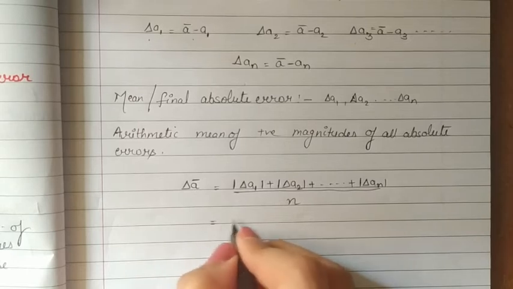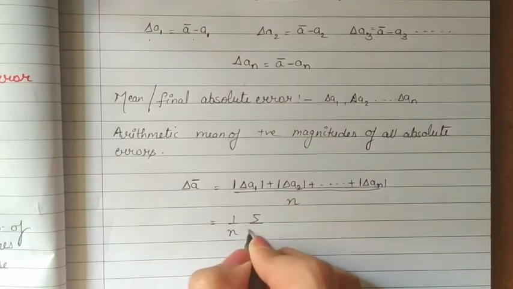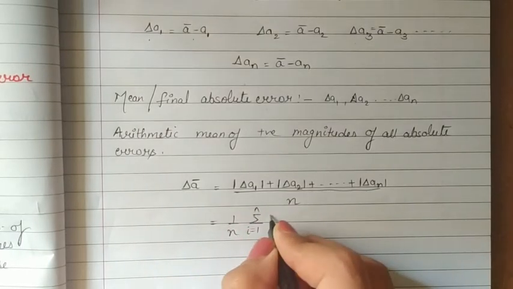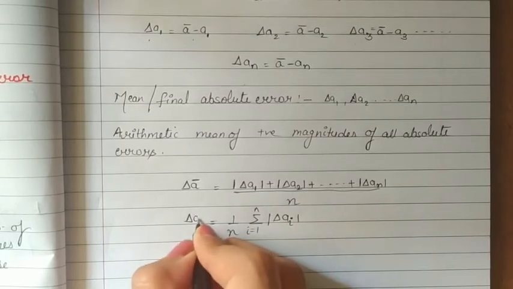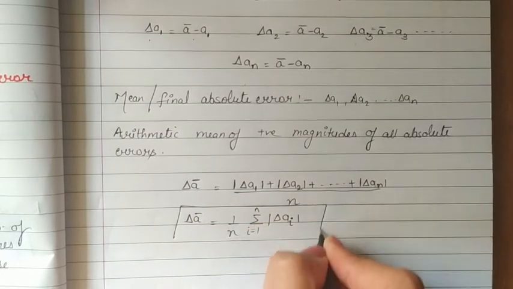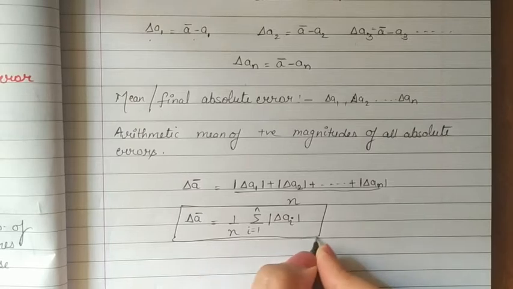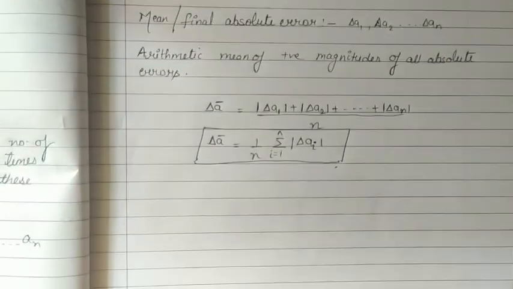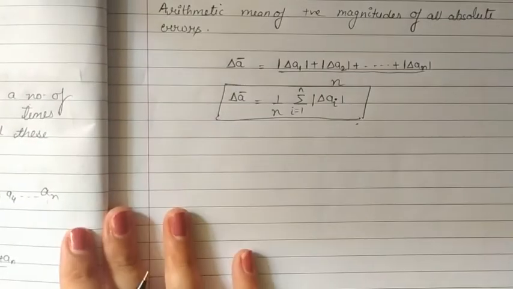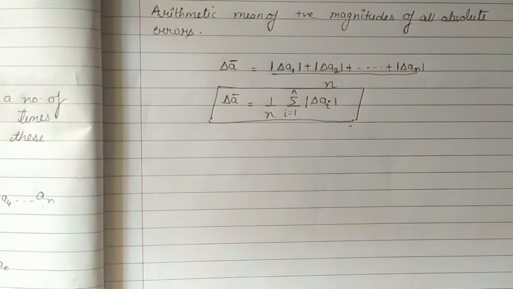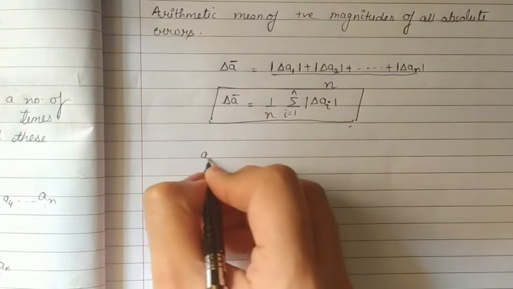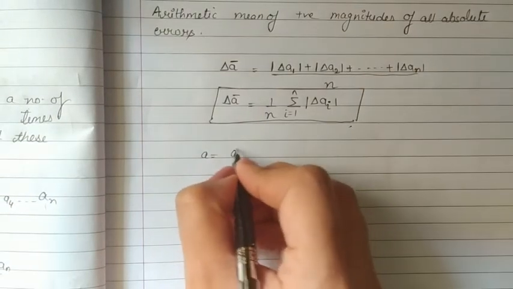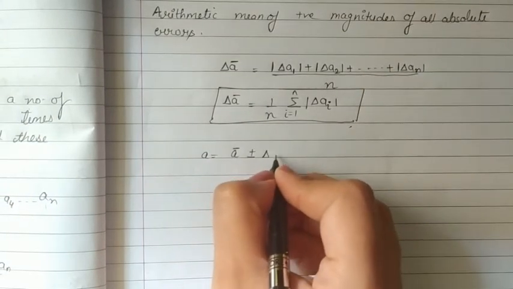In terms of summation, we can write it as 1 upon n, summation i is equal to 1 to n, mod of delta A i. This is mean or final absolute error. So by considering absolute error, we can express any measured value of A, जो भी उसका exact answer होगा A का, it can be written as the mean value plus minus the mean absolute error.